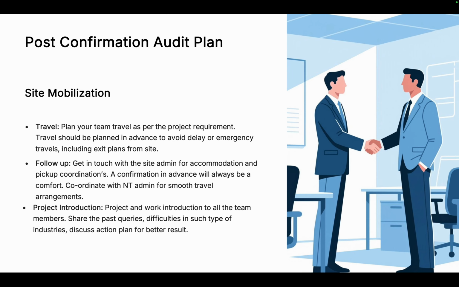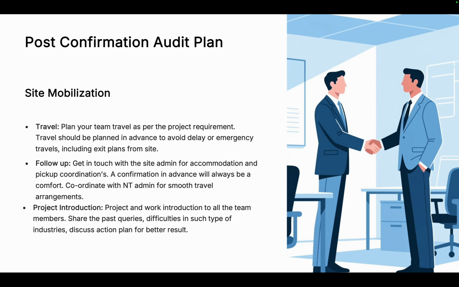You need to have your exit plan accordingly also, that at which date you are going to complete the audit in the general scenario, and according to your completion plan, you can again get the things done in advance if you are sure that your audit is going to complete on a particular date.